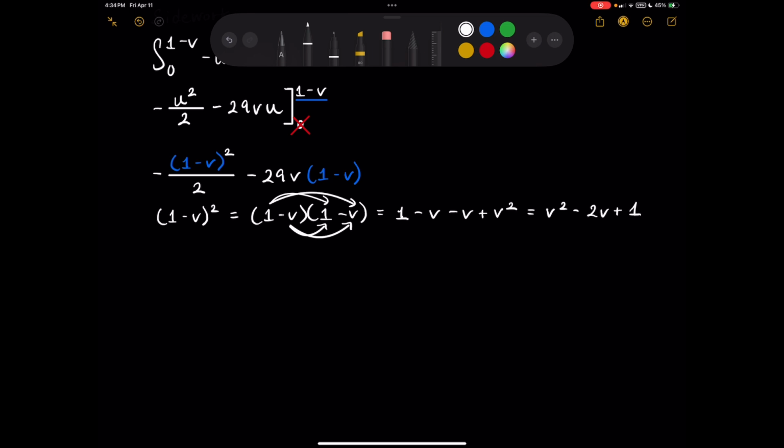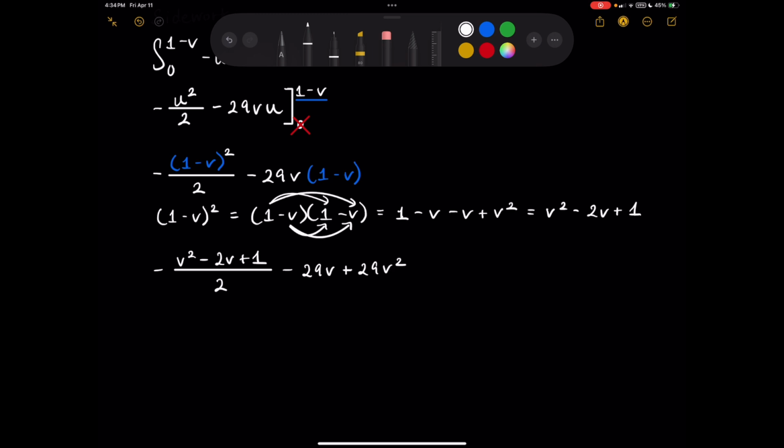So let's replace the 1 minus v squared with that, and we get minus v squared minus 2v plus 1 over 2. And then we can subtract 29, well, negative 29v times 1, that's just negative 29v. Negative 29v times a negative v is plus 29v squared.